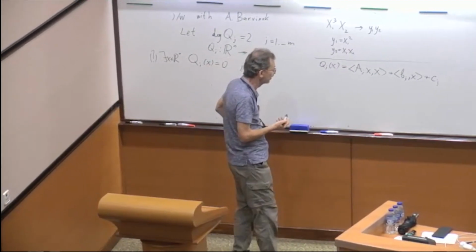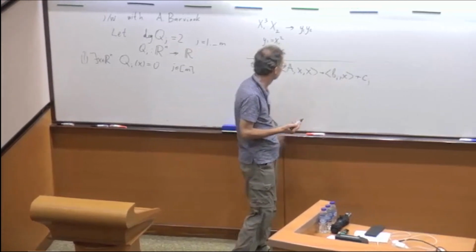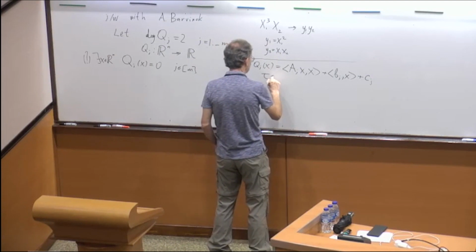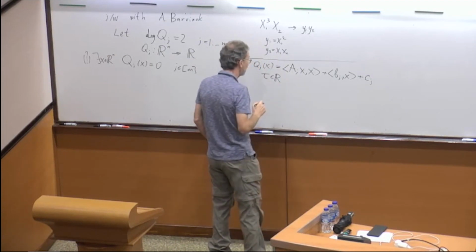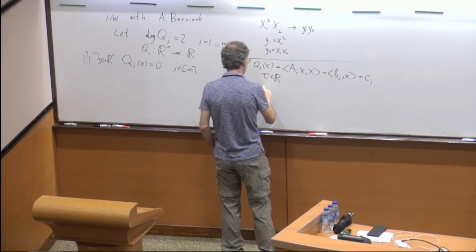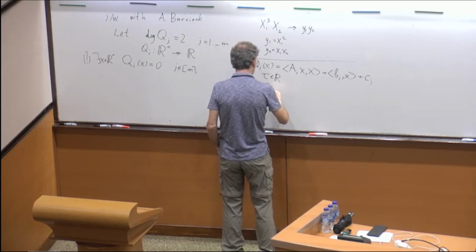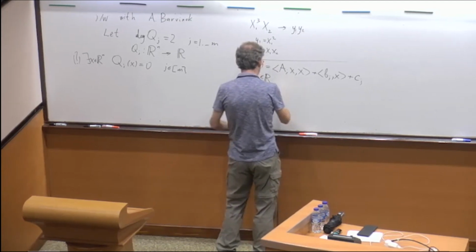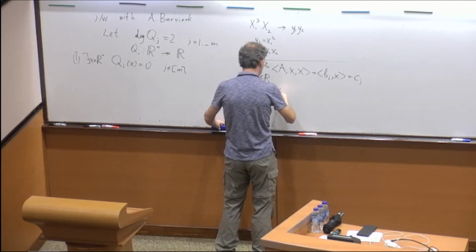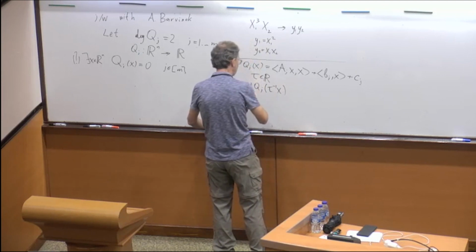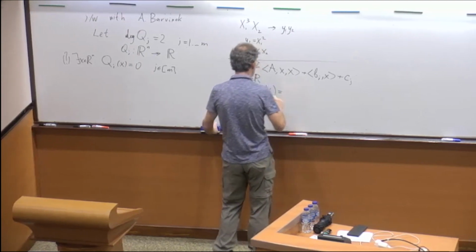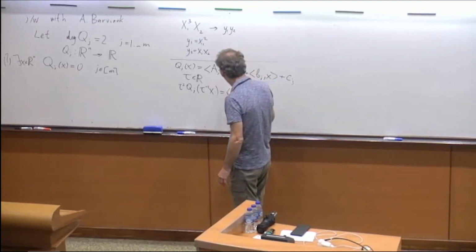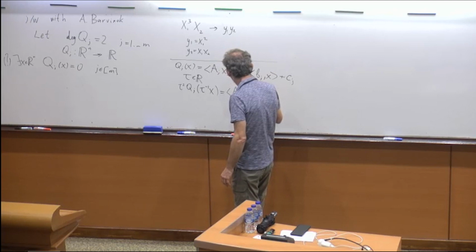And first we can easily get rid of the linear term. We just introduce a new variable, say tau. And instead of the polynomial qj of x, we write a polynomial qj of tau inverse x times tau squared. In this case, the first term remains intact.